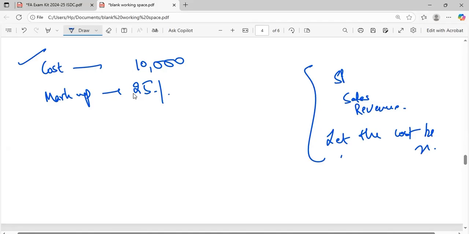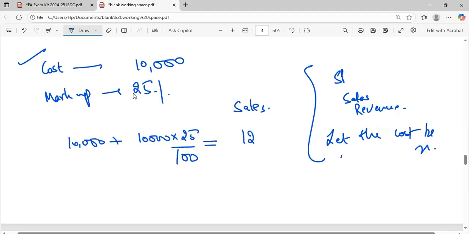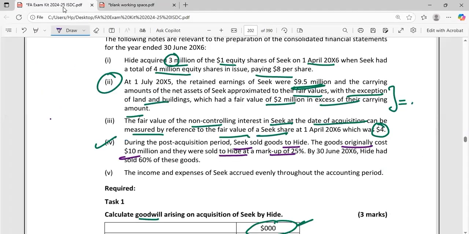So to my cost, I'm going to add this markup, which is 25% of 10,000. So when I do this, I'll get my sales, or the selling price. This will come out to be 12,500. So my sales are 12,500. So these are intra-group sales, from subsidiary company to parent company. It is happening between the same group only. So that's why I will eliminate it.